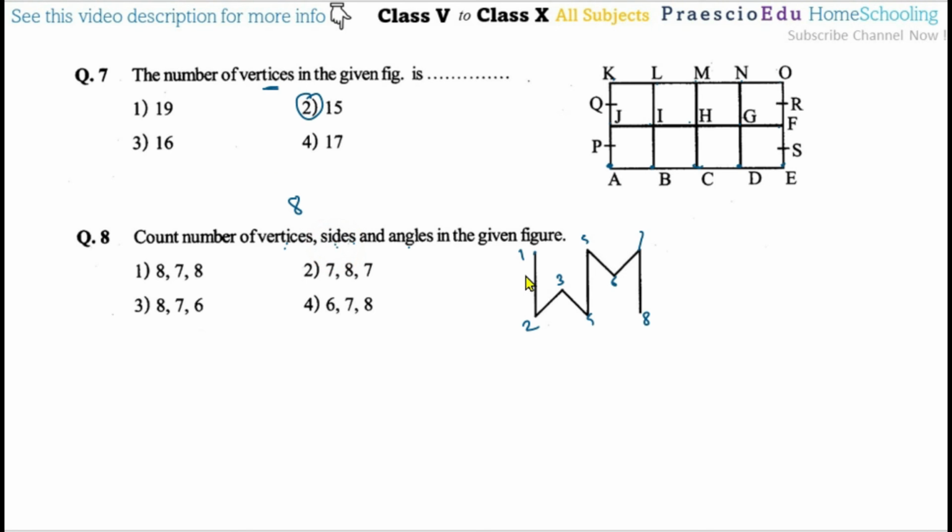Then sides, this is 1 2 3 4 5 6 and 7, so sides are 7, and angles, so 1 then 2 3 4 5 and here the 6, so there are a total of 6 angles, means 8 7 and 6 in the same sequence, 8 7 6, yes, option number 3 is a correct one. Okay, so for question number 8, option number 3 is a correct one.